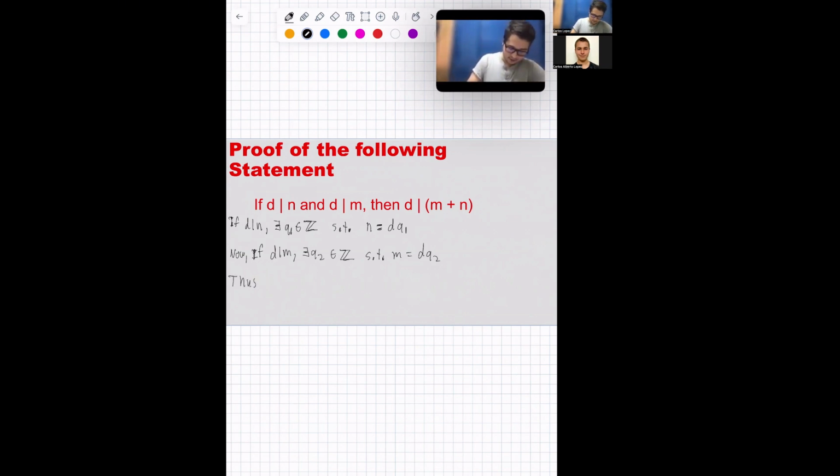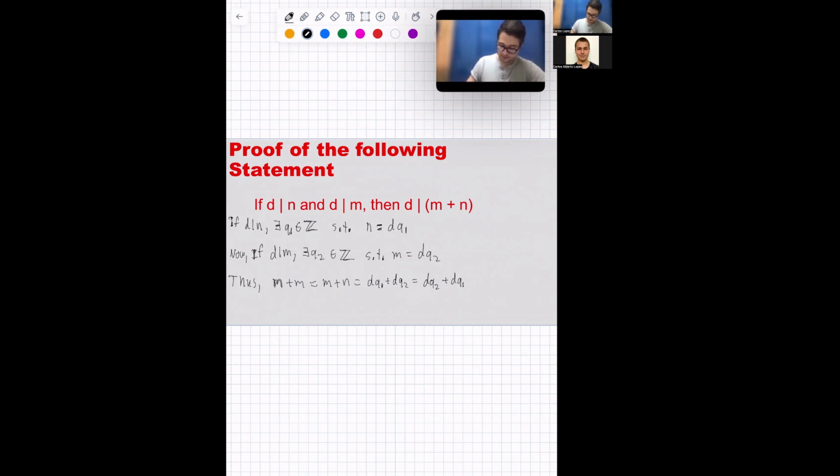Thus, it is the case that n plus m equal to m plus n is going to be equal to d q1 plus d q2 just equal to d q2 plus d q1.